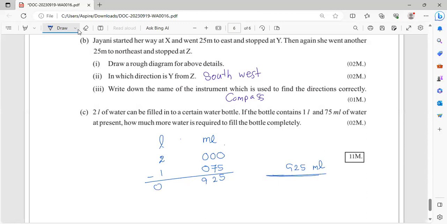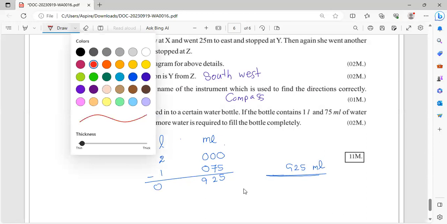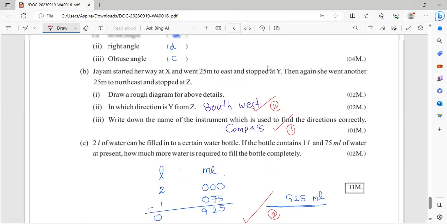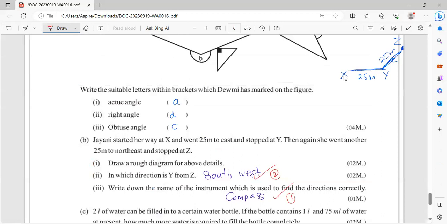Okay, then you are given 2 marks for this, and here it is 1 mark, here it is 2 marks, and for drawing the correct rough sketch you are given 2 marks, and for writing all these correctly, you are given 4 marks. This is how marks are divided.